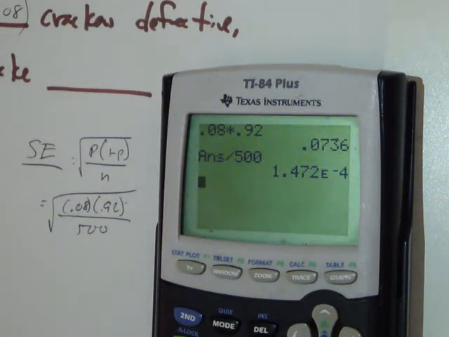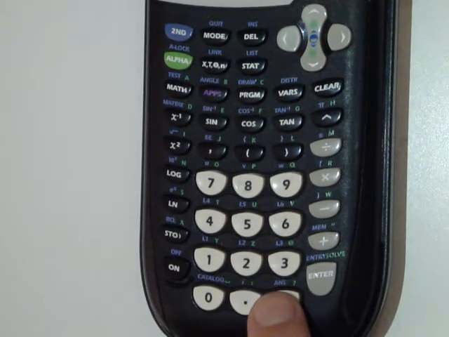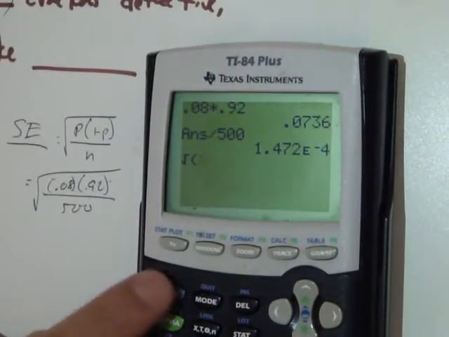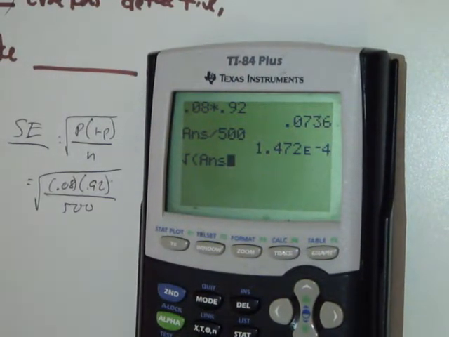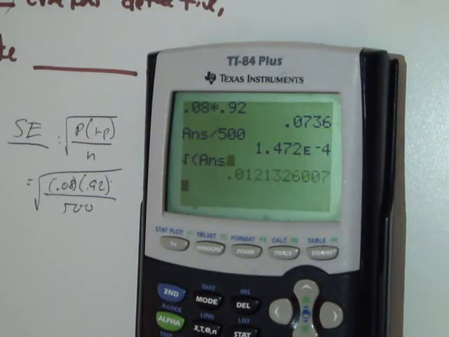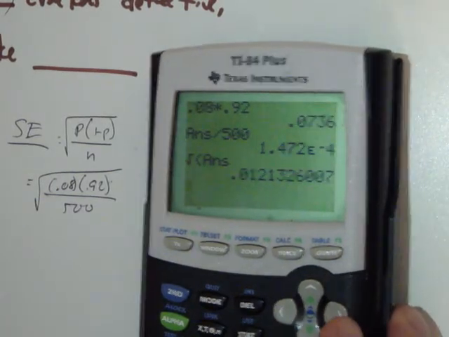Then I want to find the square root of this, so I'm going to say second, square root. Then I go down to the bottom where it says, in blue, answer on the minus sign, and I say second, answer, and that plugs in the previous answer. So the square root of that answer equals this number. I'm going to round it off to 4 places, which works out pretty good.